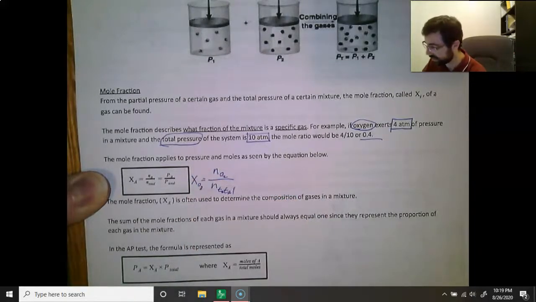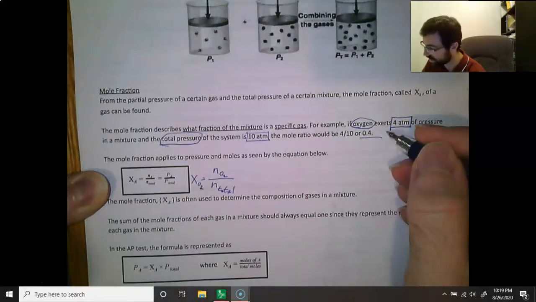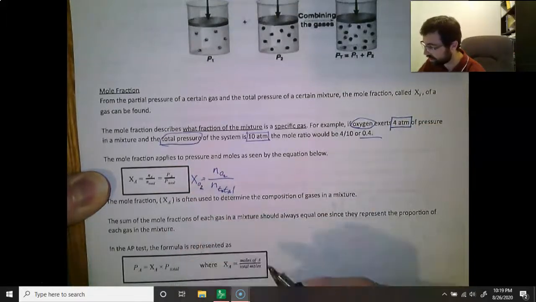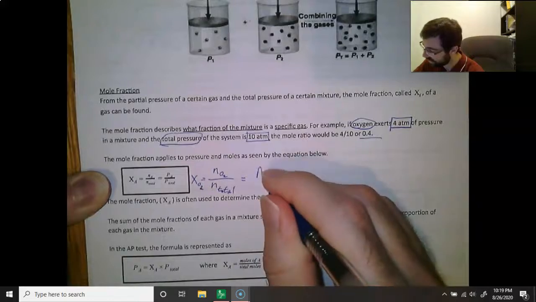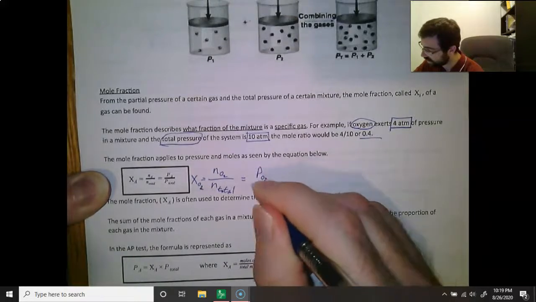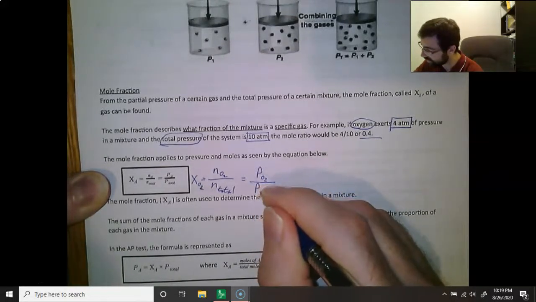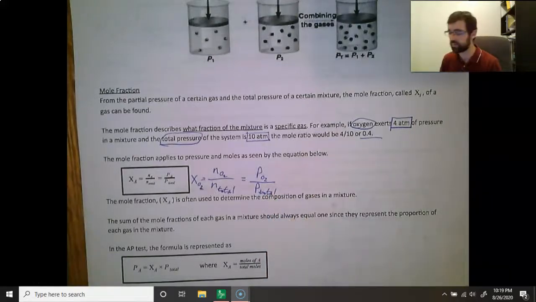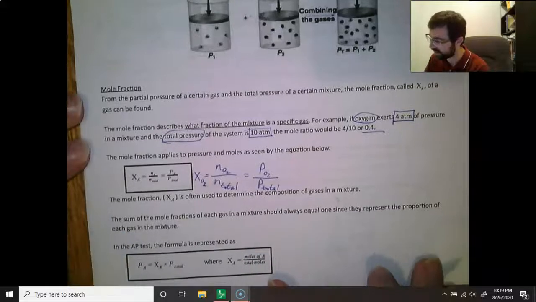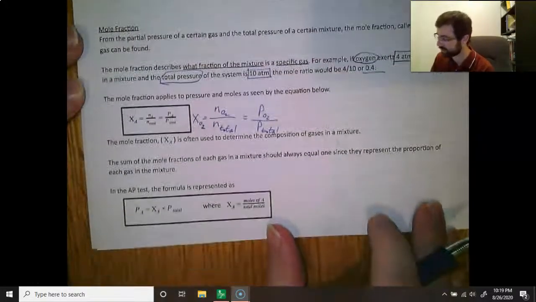This is just an example. X of O2 equals N of O2 over N total. It also is equal to the pressure of O2 over the total pressure. That's the concept of the mole fraction. It's often used to determine the composition of gases in a mixture.